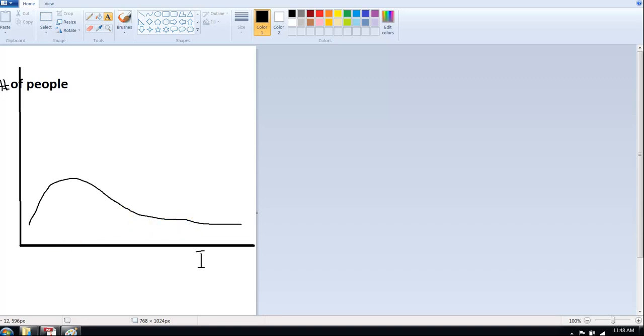Now if it looked like just the opposite, with a long tail to the left, that would be called negatively skewed. But this is positively skewed, and usually income will look like that. In other words, you'll have a few people that have really high incomes.